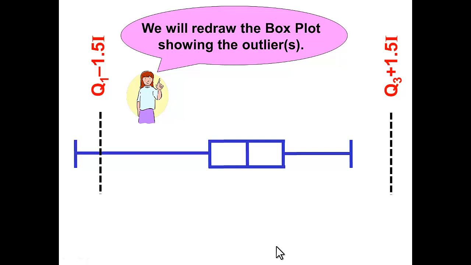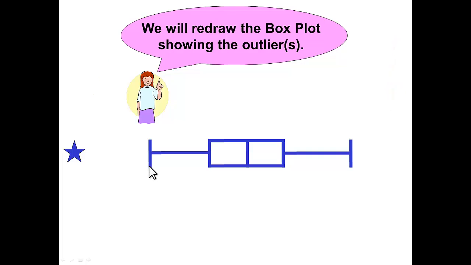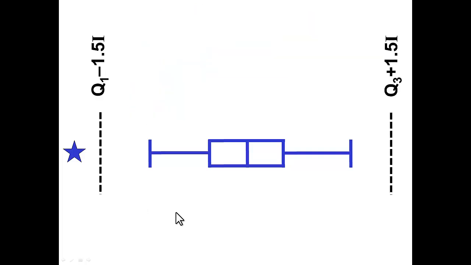Notice how the box plot is going to be redrawn. The next value down becomes a star, and the next value up in our list becomes the end of our whisker, and a star is put down at the previous end. Let's look at that again. Here is our fence.